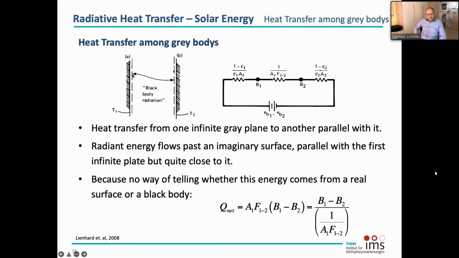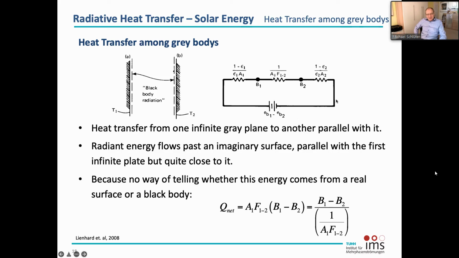This loss can be calculated with (1 minus epsilon 1) divided by (epsilon 1 multiplied by A1) in the denominator. Is this clear so far? This looks like a resistance, and this changes from the black body to the gray body.